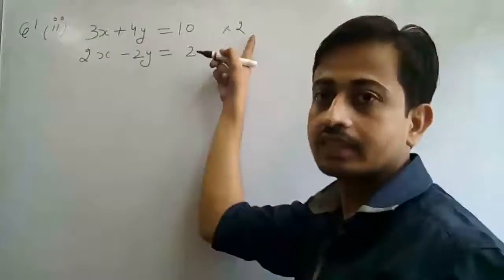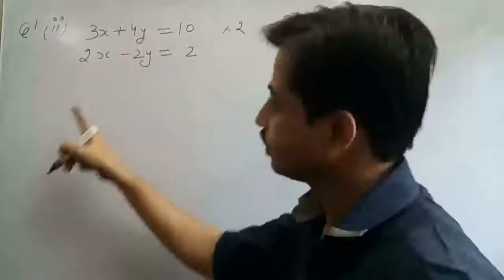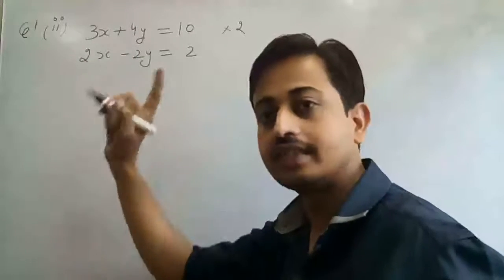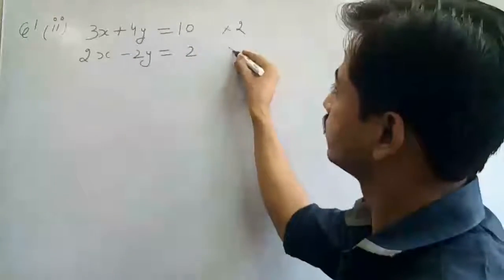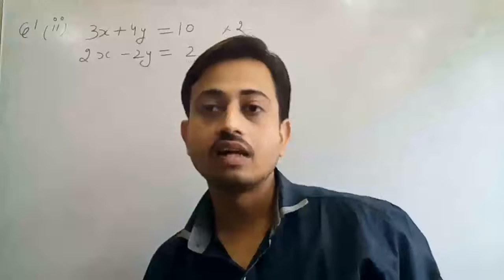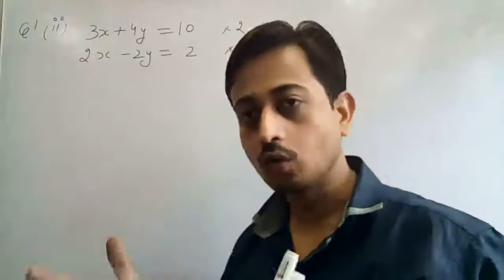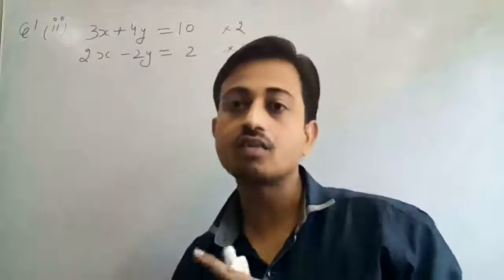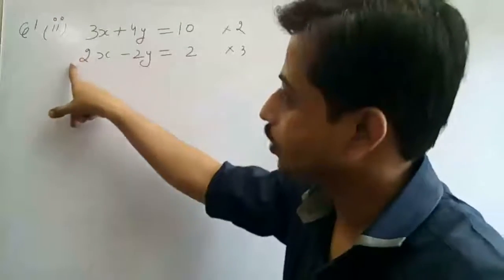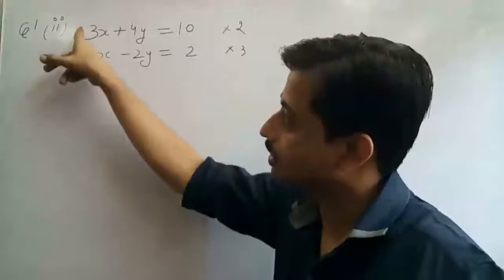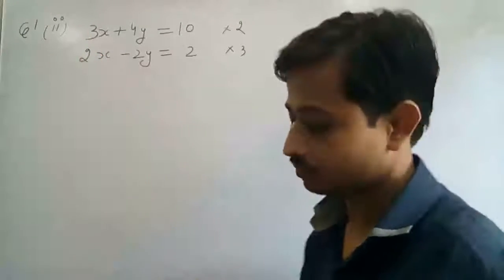If we multiply 3 into 2, we get 6x. The simplest method is to multiply each equation by the other's coefficient. So I am going to multiply the first equation by 2 and the second equation by 3.